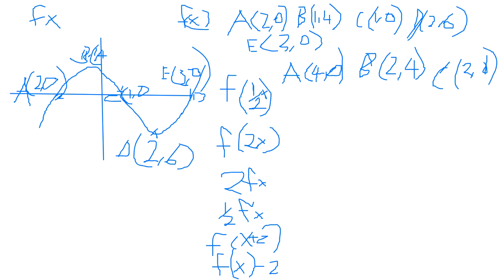Yes. Okay, so if I have f of 2x, then I'll divide this 2 by this 2. So my point A will now become 1 and 0. My point B will now become half and 4.